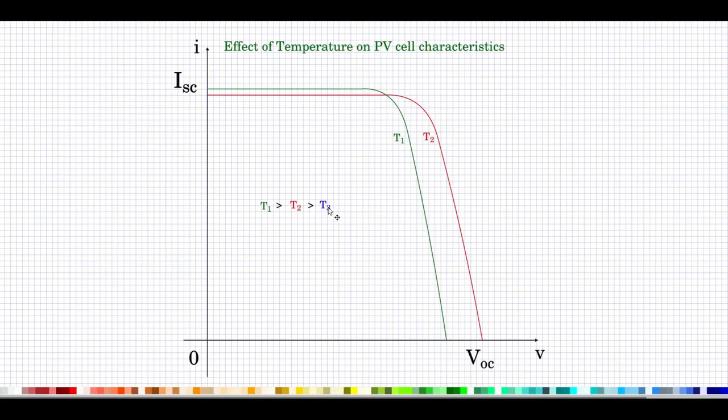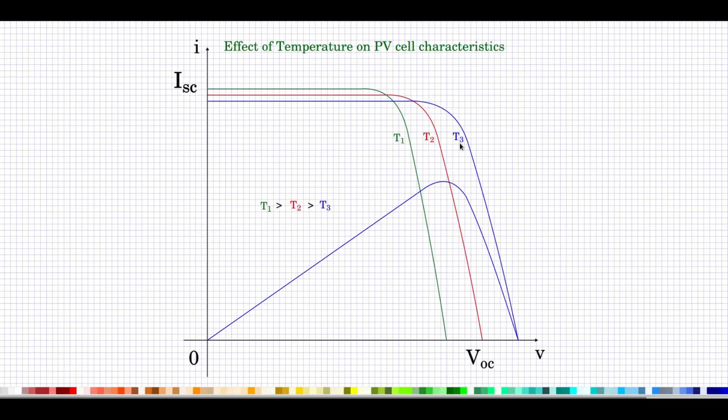T3 is a lower temperature, much lower than T1 and T2. So we would expect the curve for the VOC to be on this side of T2, the red line. And for ISC, because the temperature is lower, we would expect it to be below the red line. So this is the curve that is expected for the IV characteristic at temperature T3.